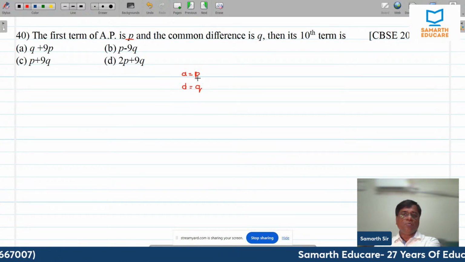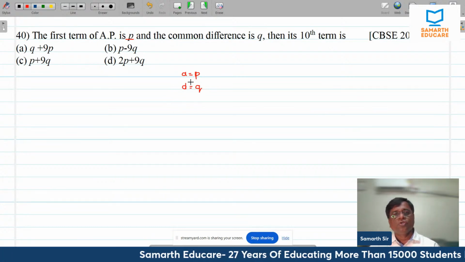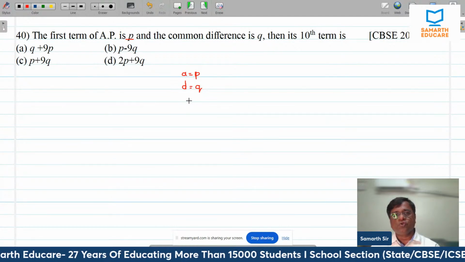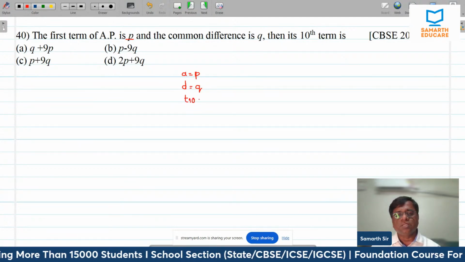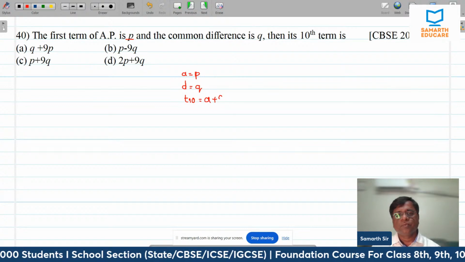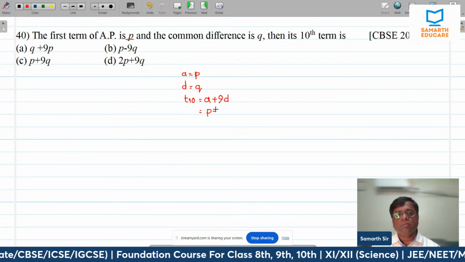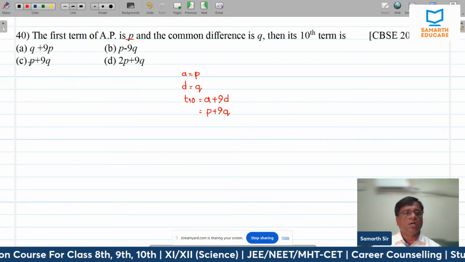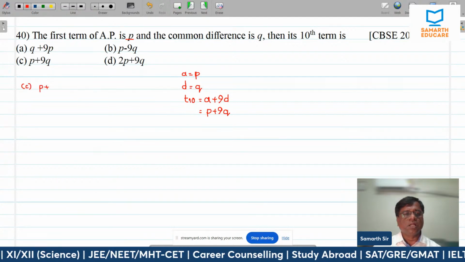If you observe this question, this is in the ICSE textbook, hence we are doing both the MCQs together. So the 10th term is again A plus 9D. A is P plus 9 into Q. That is option C, P plus 9Q.